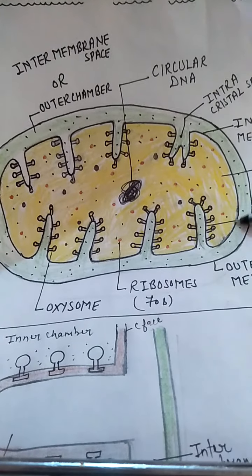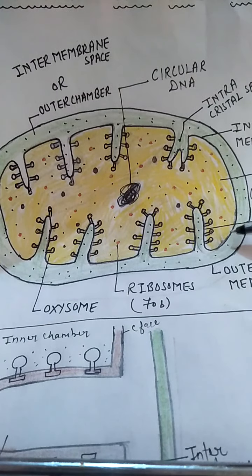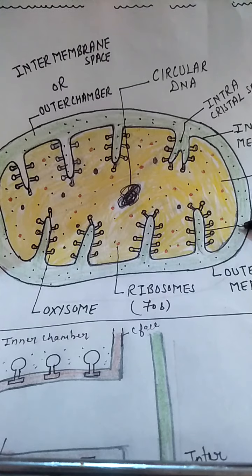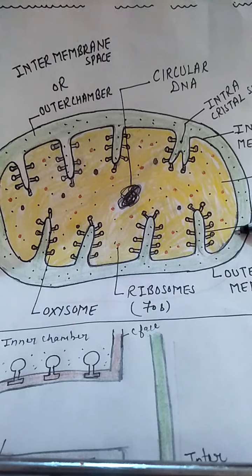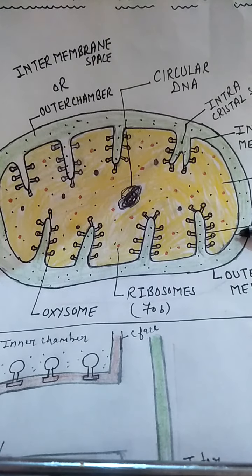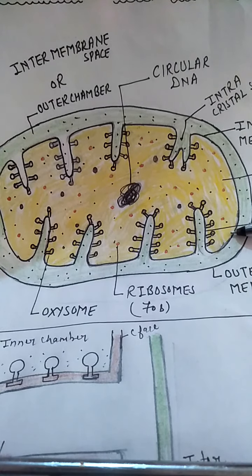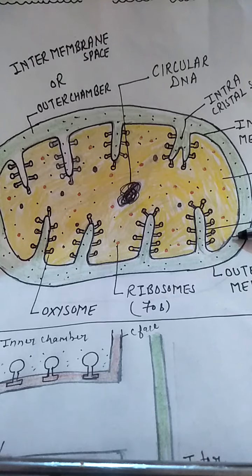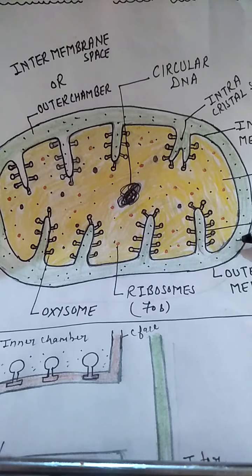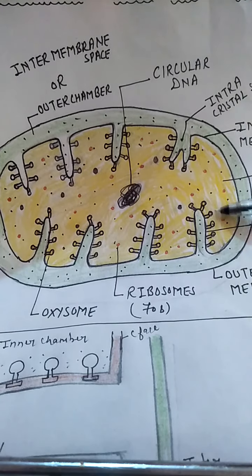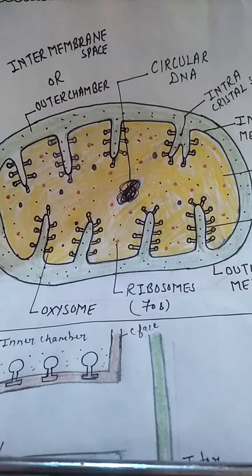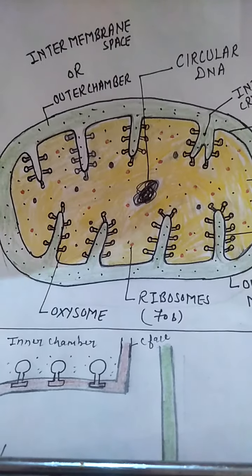Now, the inner membrane is selectively permeable, like the plasma membrane. The composition of these two membranes is similar to the plasma membrane, but the inner membrane does not possess porin proteins. It possesses carrier proteins, permeases, which allow the movement of material in and out of the mitochondria.